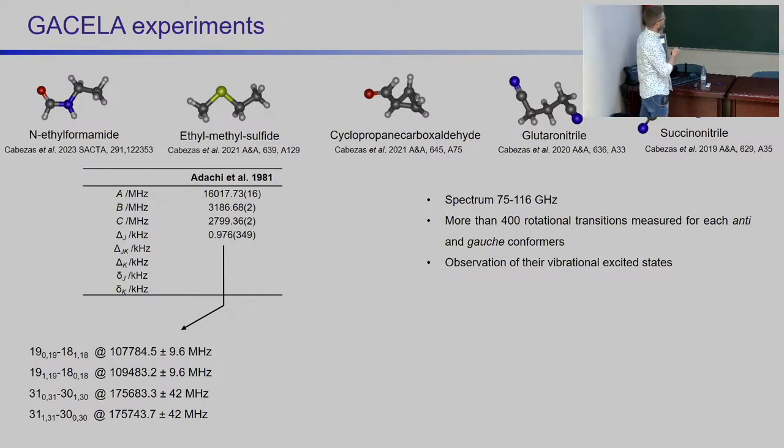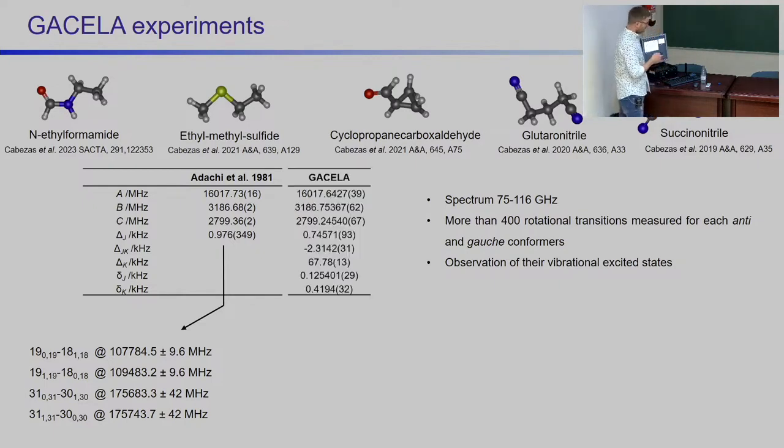We also observed the vibrational excited states. It is important to observe and characterize them because they contribute also to our astronomical observations. These are the data that we derive from our analysis, and as can be seen, the rotational constants are almost similar, but the uncertainties are much smaller, close to 2 orders of magnitude smaller than those reported in 1981.